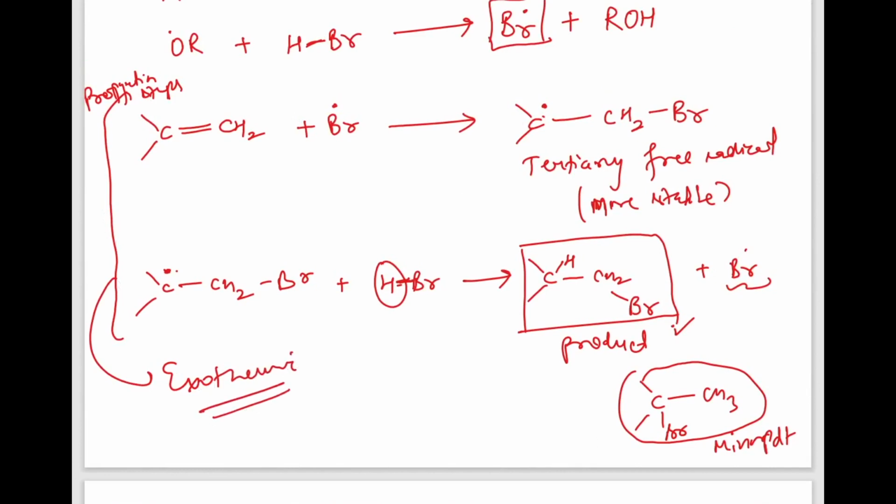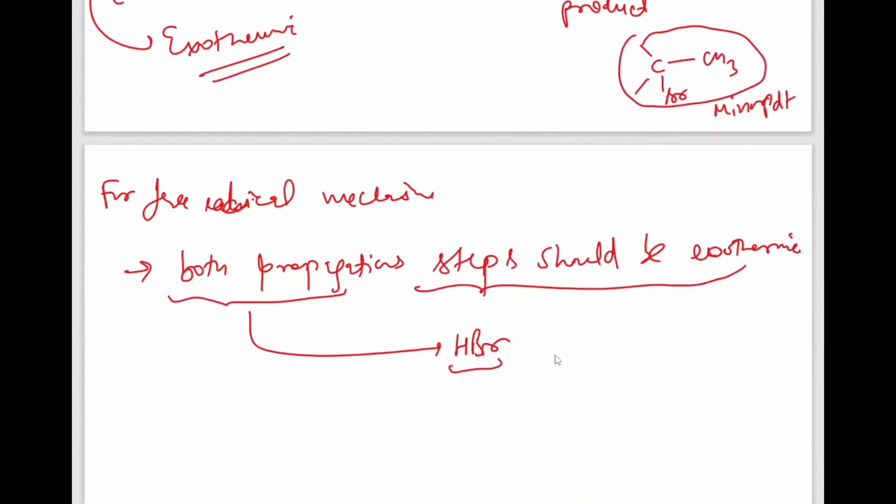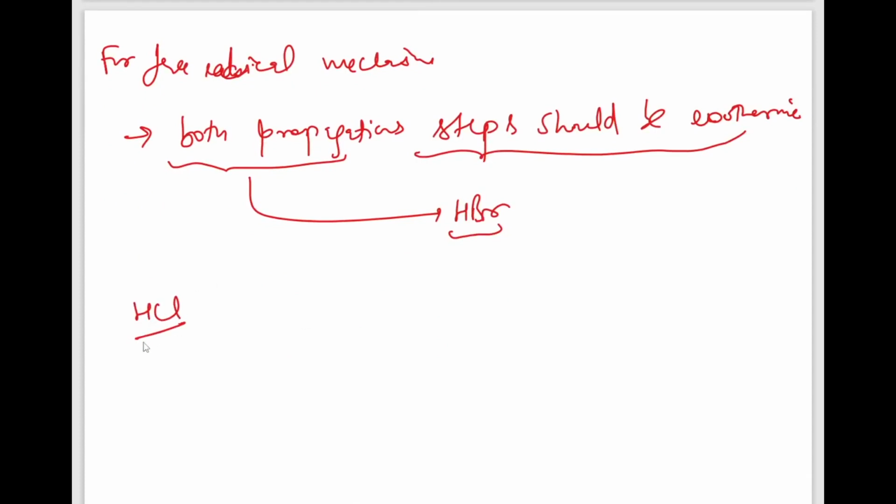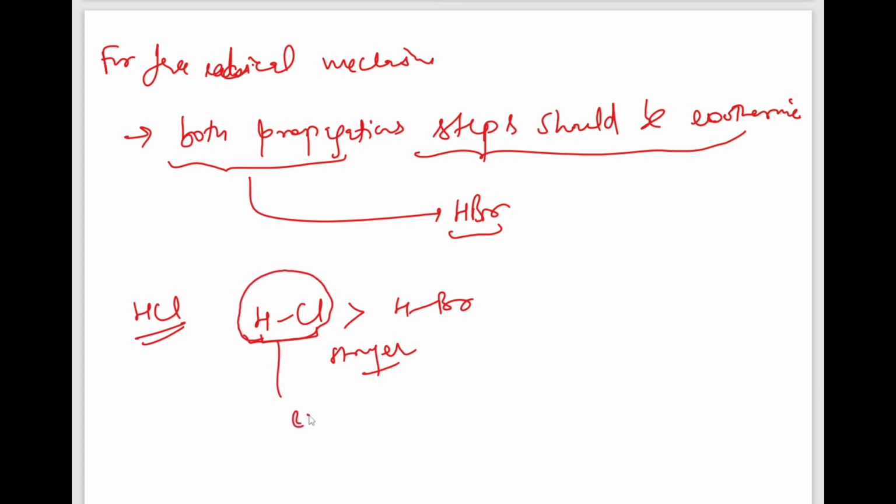So that's why the peroxide effect is shown only by HBr when it is added to any unsymmetrical alkene in the presence of peroxide and light. But if we consider the case of HCl, the HCl bond is stronger than the HBr bond. So the second propagation step is difficult. This is actually an endothermic step.